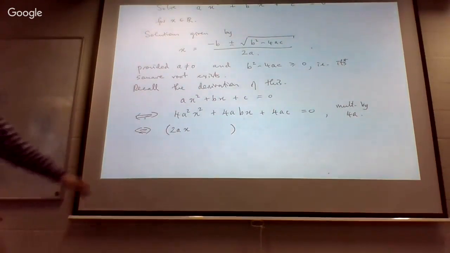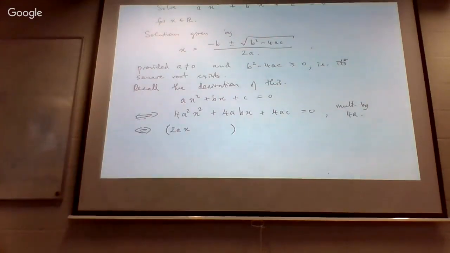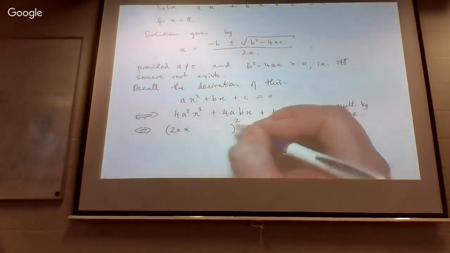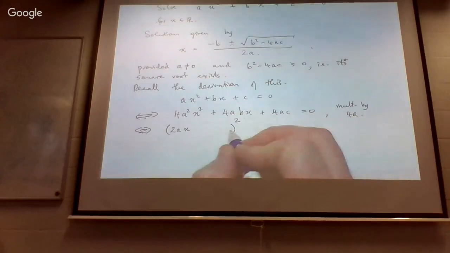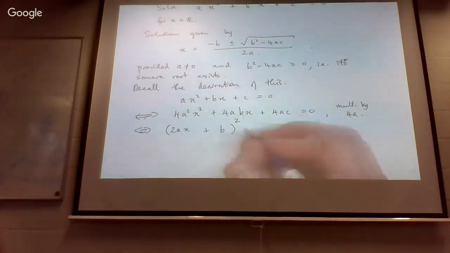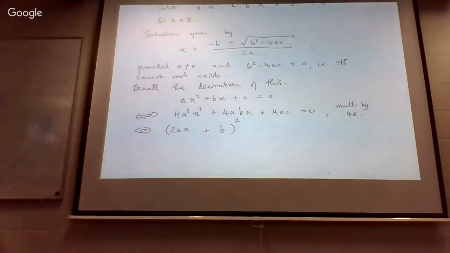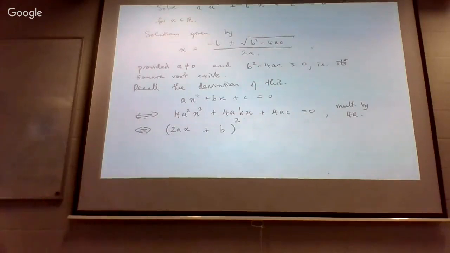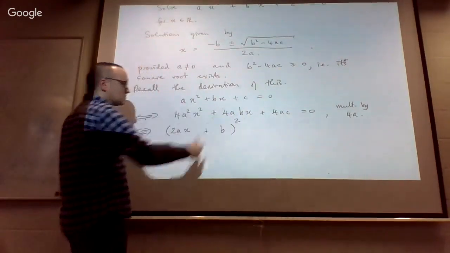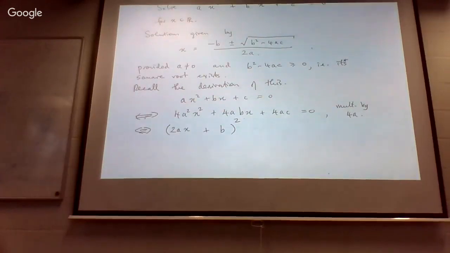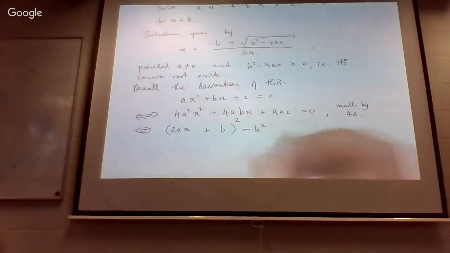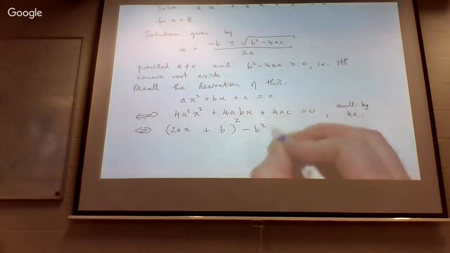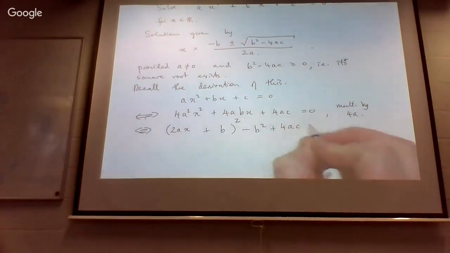So we're going to square this bracket, which gives us 4a squared x squared. Then in order to generate the x term, we'll need a b, because in squaring this, you get 2 times this times this, so that gives you 4abx. But it also gives you b squared. There is no b squared there, so you must subtract the b squared. And the 4ac isn't accounted for yet, so we still need that.